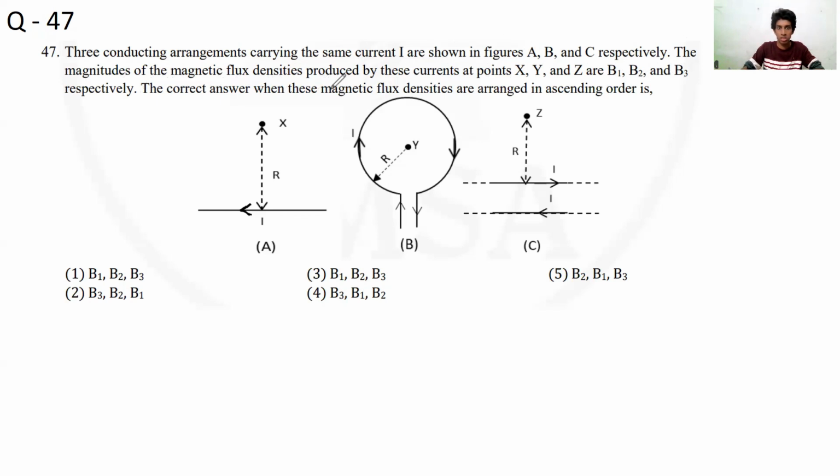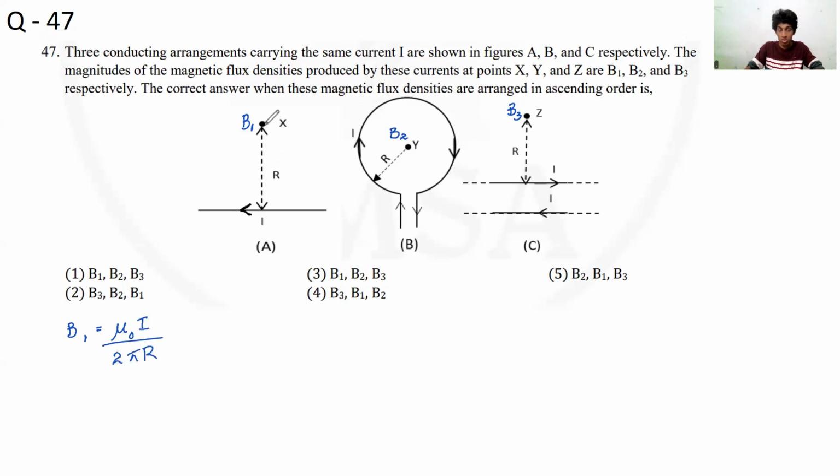The correct answer when these magnetic flux densities are arranged in ascending order is, so the magnetic flux density at X is B1 and the magnetic flux density at Y is B2 and that in Z is B3.